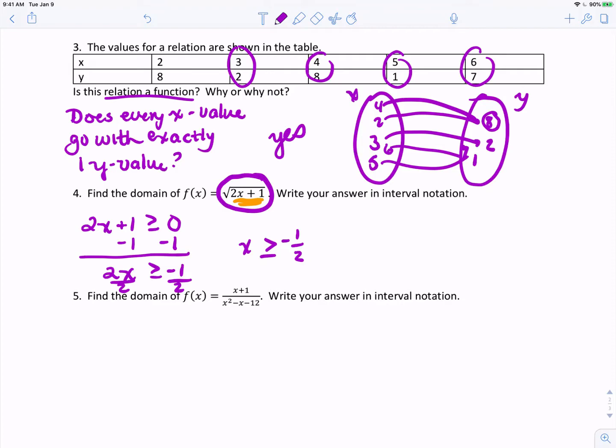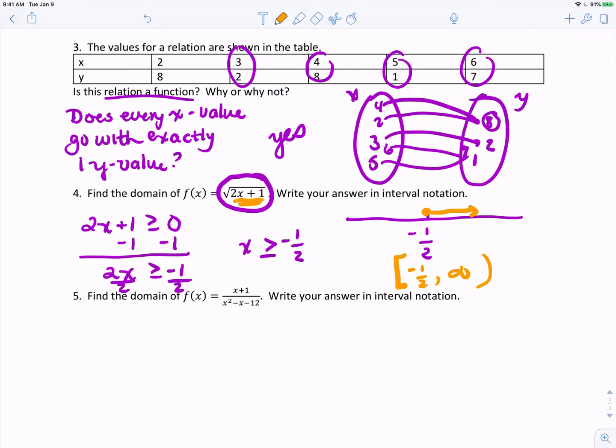And to write our answer in interval notation, it might help first to graph it. So here's -1/2. And the graph of x is greater than or equal to -1/2 looks like this. So it starts at -1/2. It goes to infinity. It includes -1/2, so we're using a bracket. And infinity is always written with a parenthesis.